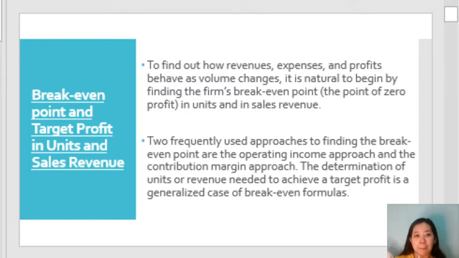Break-even point analysis becomes helpful so that we will determine how many units should be sold to reach the target profit, or how much sales revenue the company needs to earn to reach their target profits. That is why as we go along, you will be encountering formulas which were also derived from the break-even point formula.